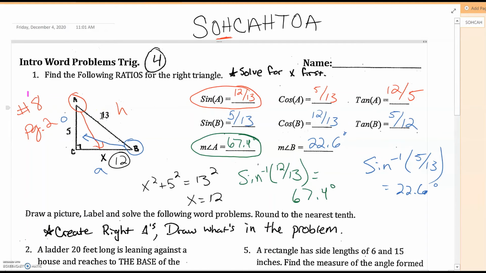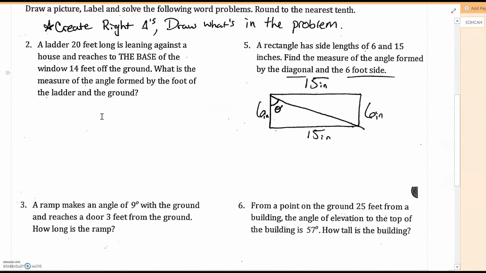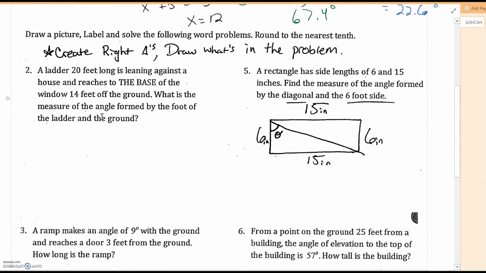All right, now we're going to go into some word problems. What I'm going to do is help you set them up, and then I'm going to have you actually solve them too. So, a ladder is 20 feet long, leaning against the house, and reaches to the base of the window, 14 feet off the ground. What is the measure of the angle formed by the foot of the ladder? So, here's the deal.